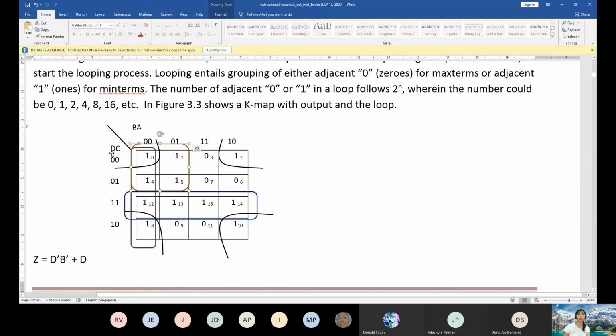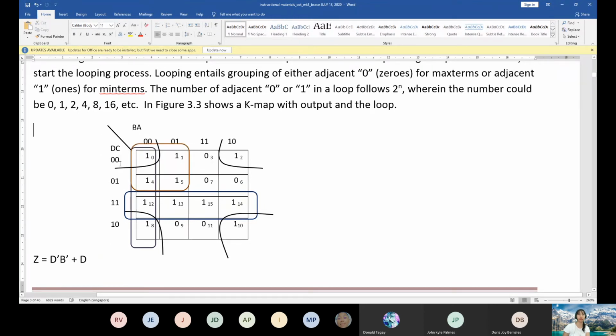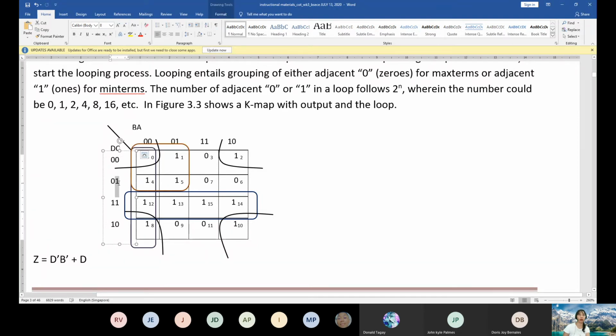Then you compare the C to C and D to D. With respect to the orange loop, we have 2 values for D and C. For DC input, we have 0, 0 and 0, 1. Then compare C: for C, 0 and 1.